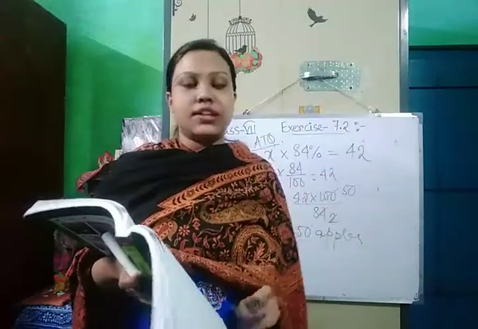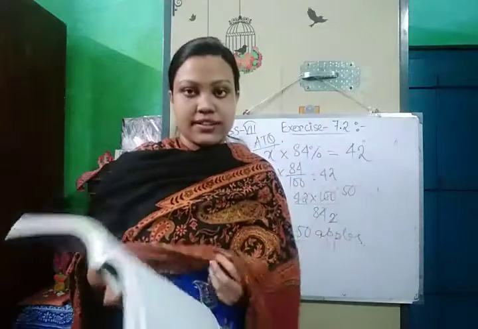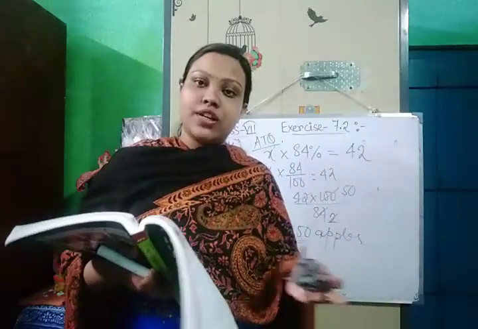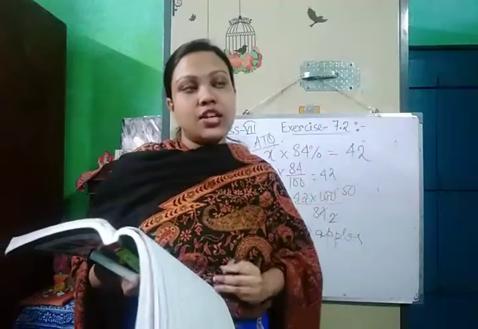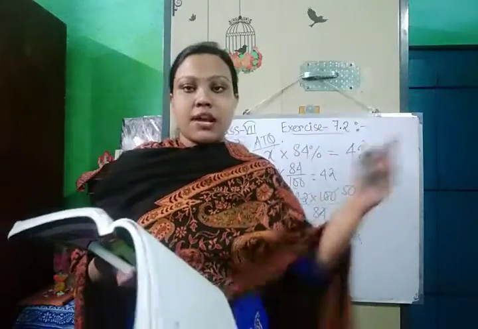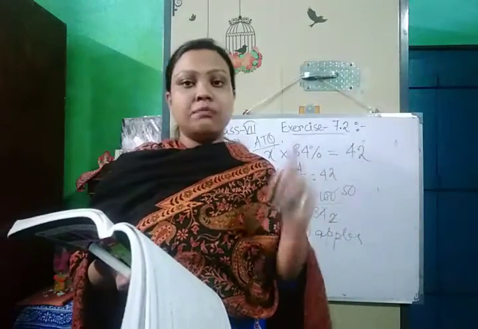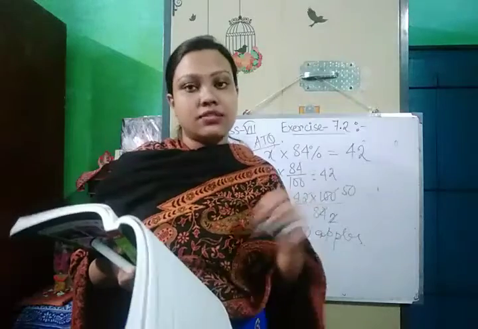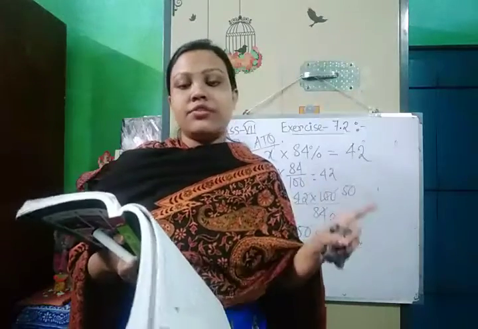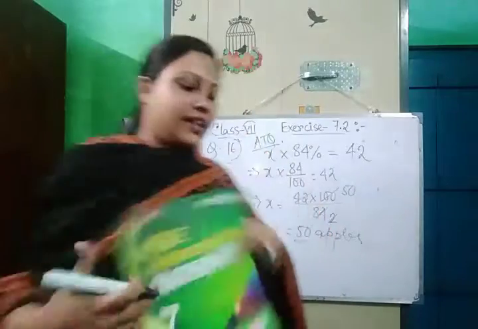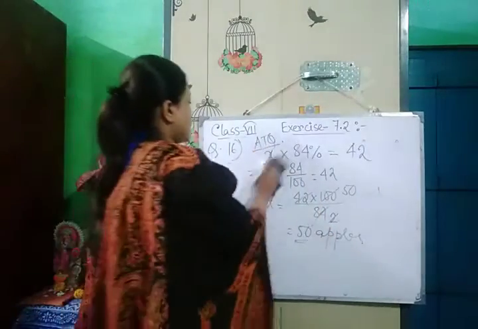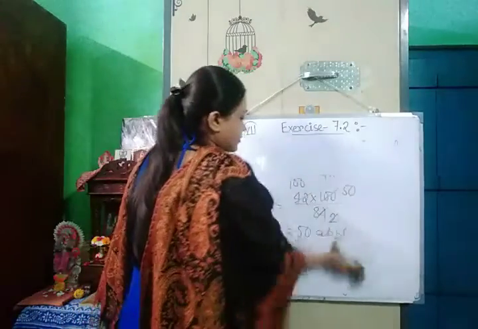So what is the pass marks of the exam? He got 251 marks, but he failed by only 19 marks. So the pass marks will be 251 plus 19 marks. So first we will find out the pass marks in question number 17.